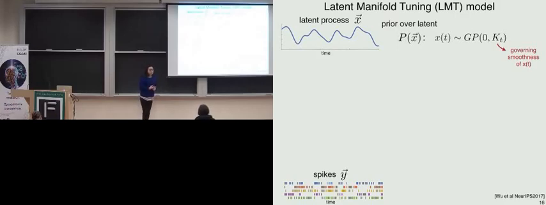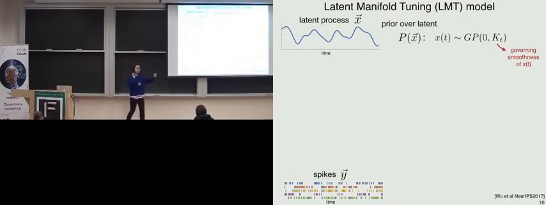Could it be the movement of the rat? Yeah, exactly. Later I'm going to show an example in hippocampal place cells, which are known to encode spatial location. You can think of this spatial location, or the cognitive state of the animal, as the latent. That might be an example.